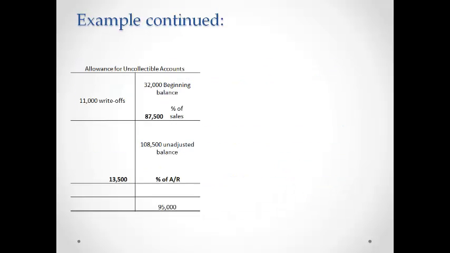The accountant increased the allowance account at the end of each month using the percent of sales method, and write-offs decreased the account. The accountant now uses the aging report at the end of the period to estimate the total amount of uncollectible accounts, resulting in an estimated uncollectible amount of $95,000.